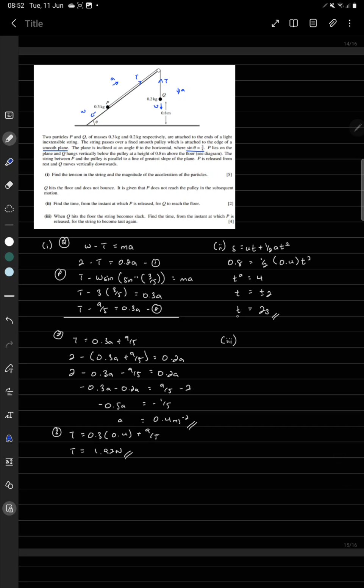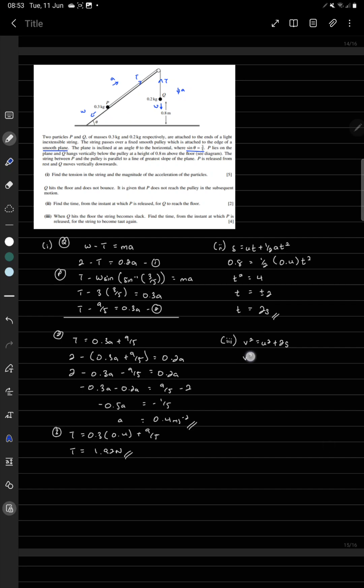We know the acceleration is 0.4, and we also know the distance that P traveled, which is 0.8. They traveled the same distance. So we're going to use the formula v squared equals u squared plus 2as. You can also use v equals u plus at because you recently found the time. So it's up to you.